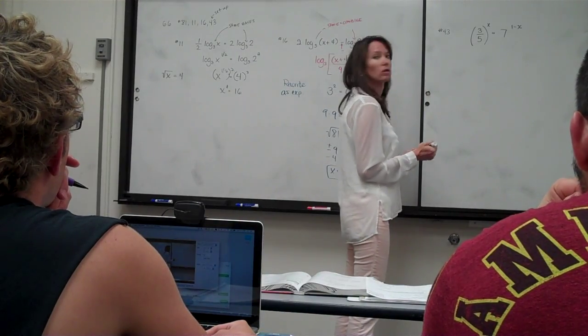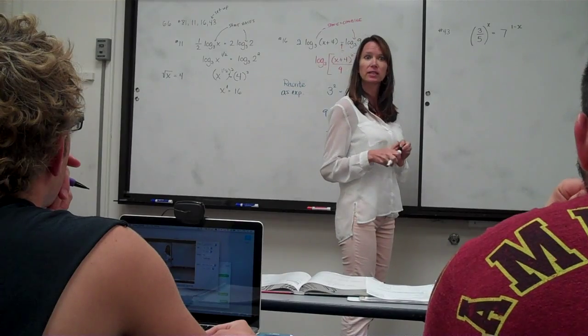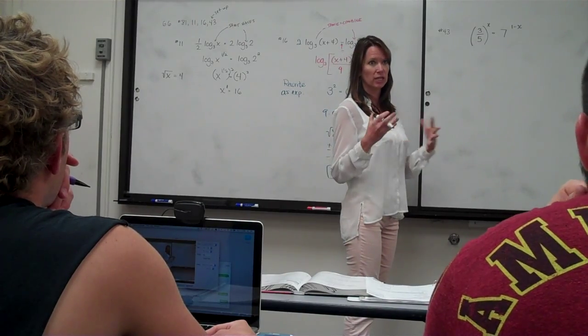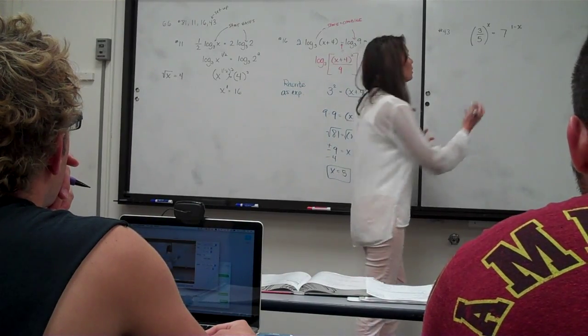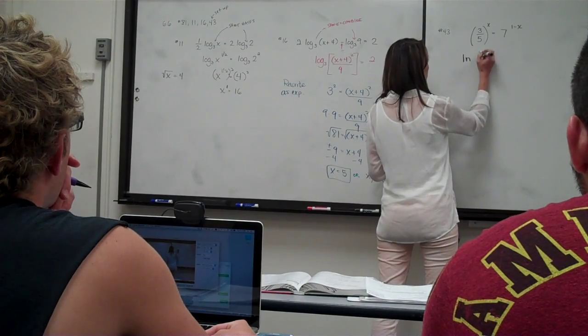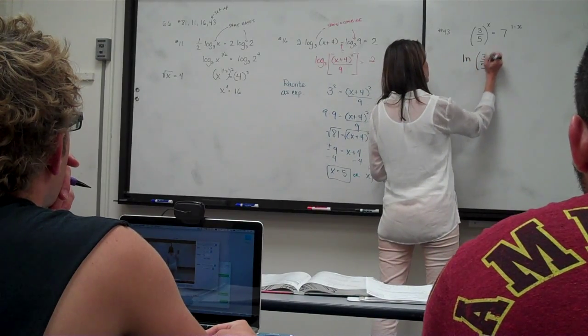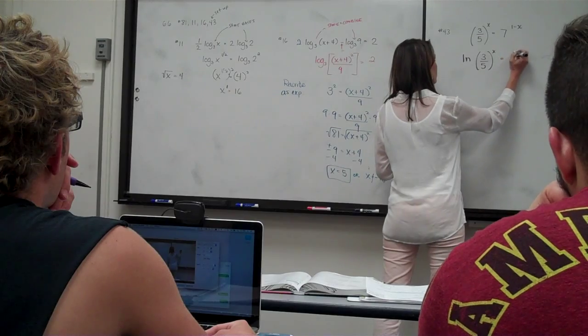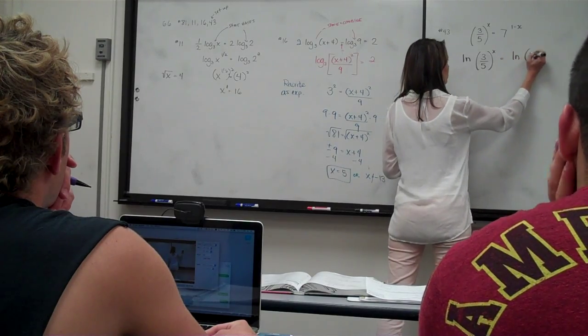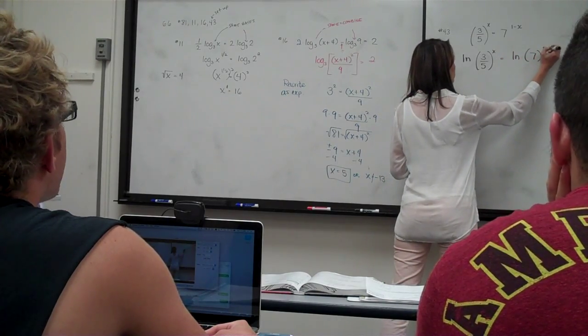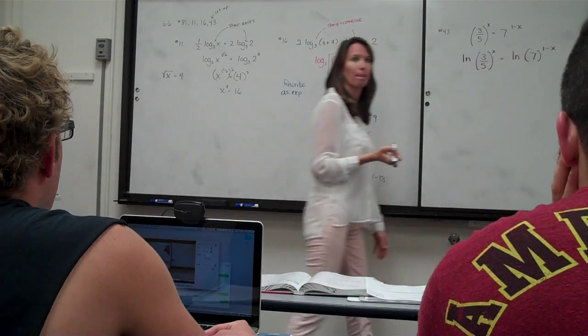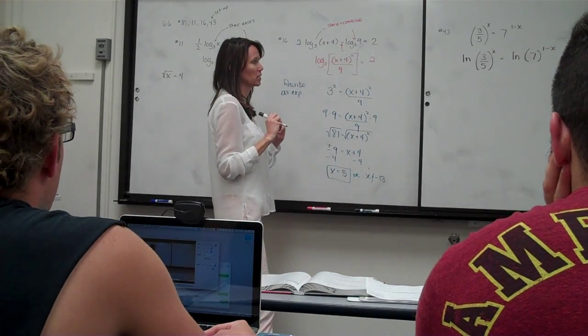Take the natural log of both sides. So that's how the book solves these. They'll take the natural log of 3/5 to the x equals the natural log of 7 to the 1 minus x, just ln in front of both sides.